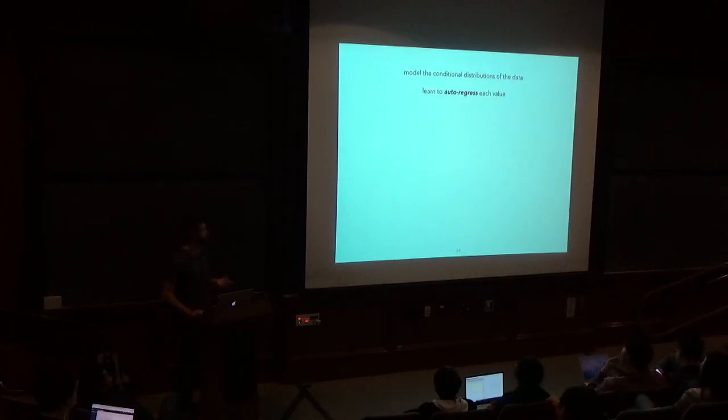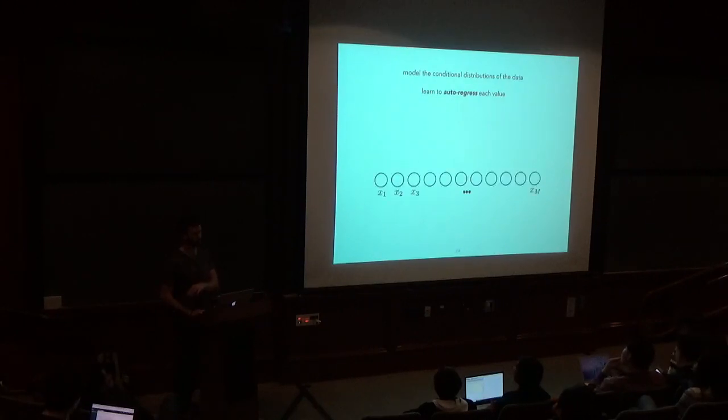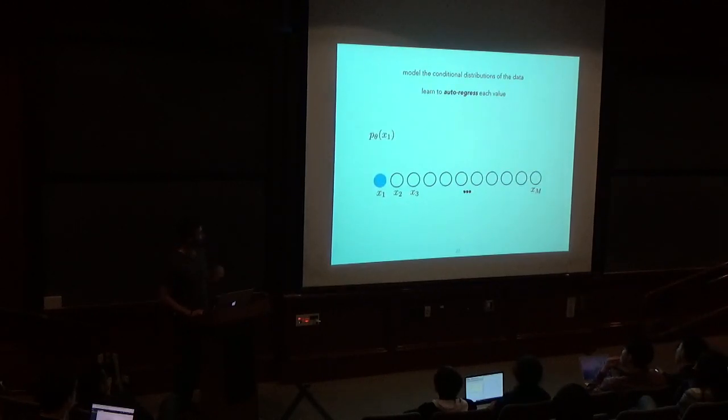So we're going to model the conditional distributions of the data by autoregressing to each value. Now, what does that actually mean? We have all of our m features here in our data example, and now we're going to assign a distribution over the first feature. We're going to have P of x1, and this is our model's distribution.